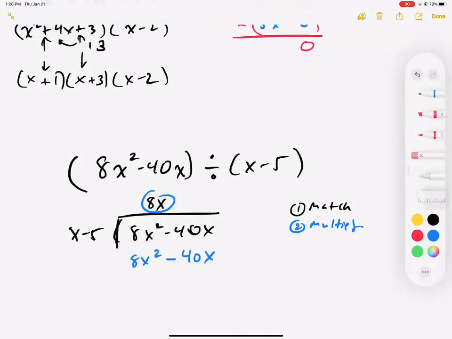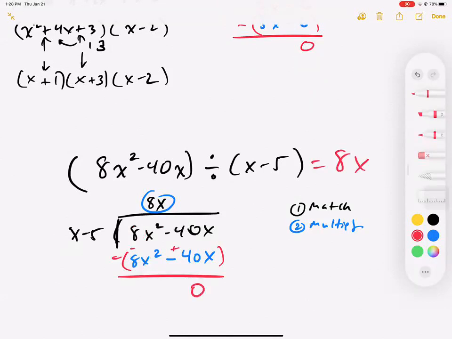Our last step is to subtract. Flip the sign, that's a negative and a positive. 8 minus 8 is going to cancel out to 0. And negative 40 plus 40 actually cancel out. So we actually have 0 remainder. So the answer here is just 8x.